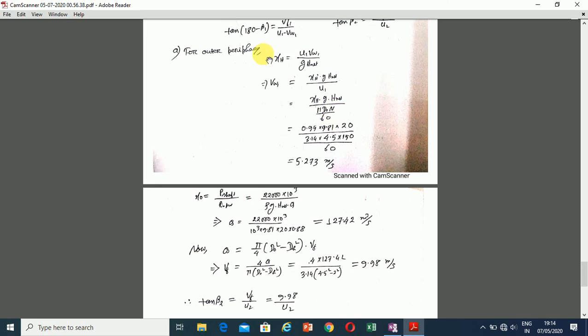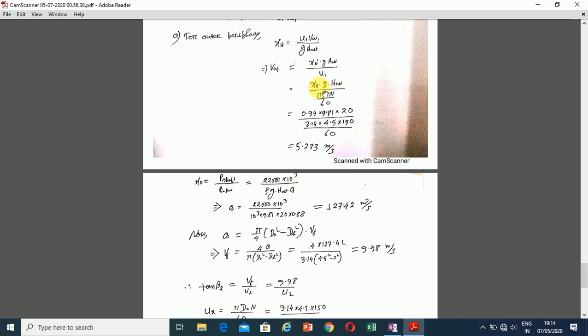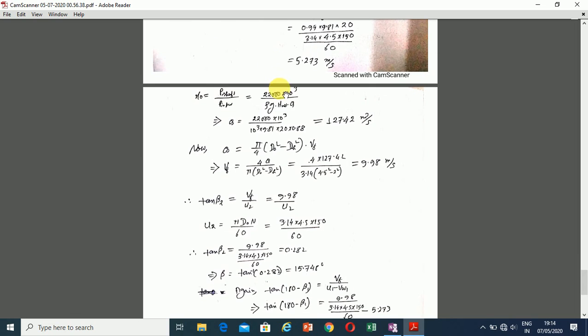Here D naught is the outer diameter, since we are talking about the outer periphery, so the diameter is taken as the outer diameter, that is 4.5 meter. Putting all the values, hydraulic efficiency, g H net, we found V omega 1, that is 5.273 meter per second.